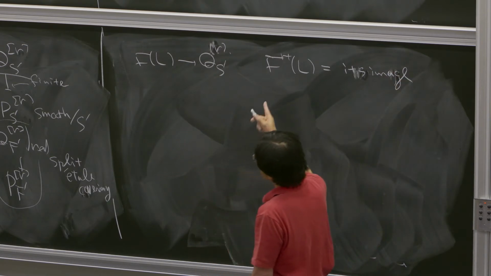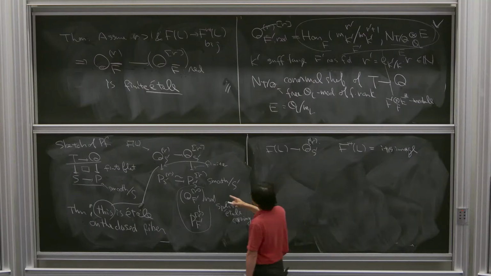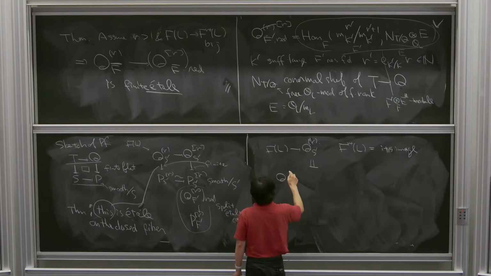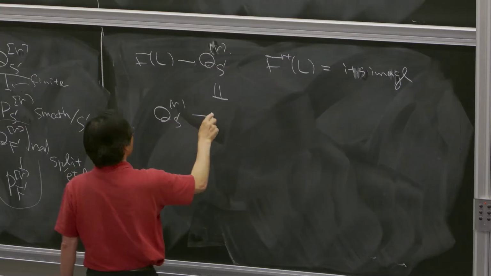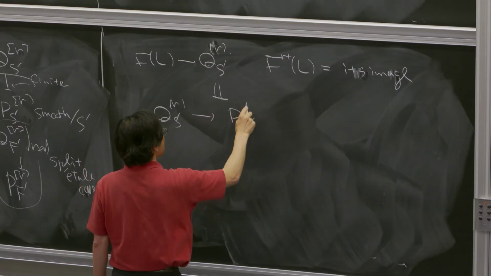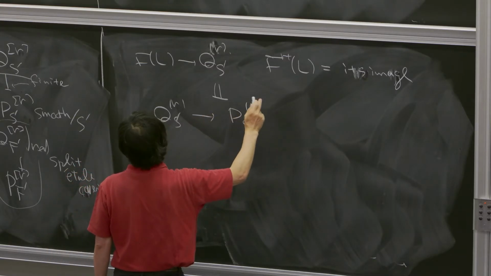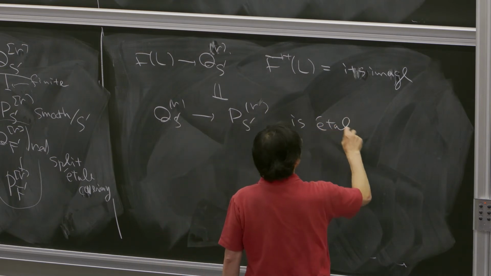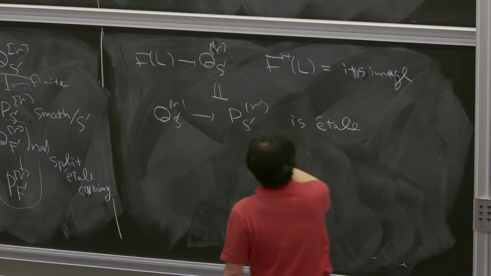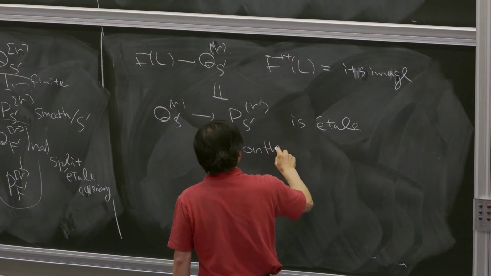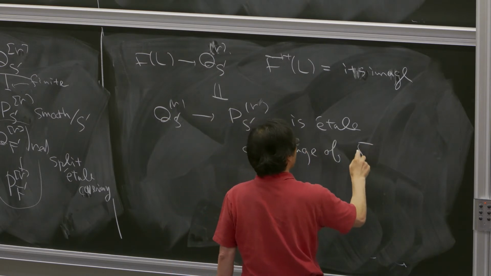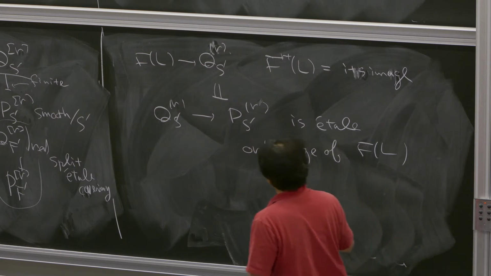And from this description, this implies that Q S, this motion, which we want to show is eta, is in fact eta on the image of FL.